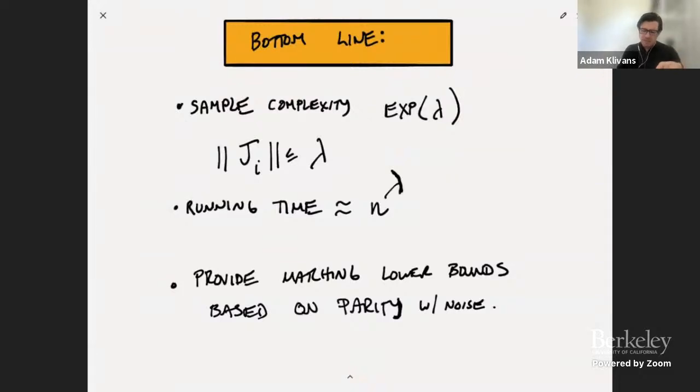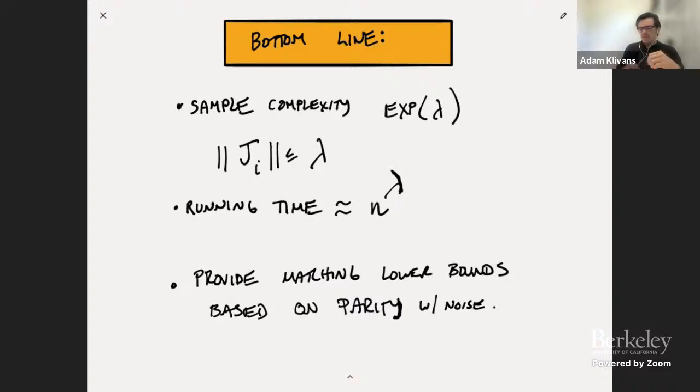And the bottom line is that if you assume that the ith column of your interaction matrix is bounded in one norm by lambda, then you'll get a sample complexity that is exponential in lambda. So roughly 2 to the lambda, and the running time will also be n to the lambda.